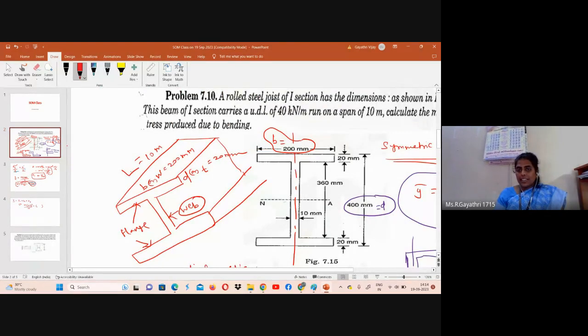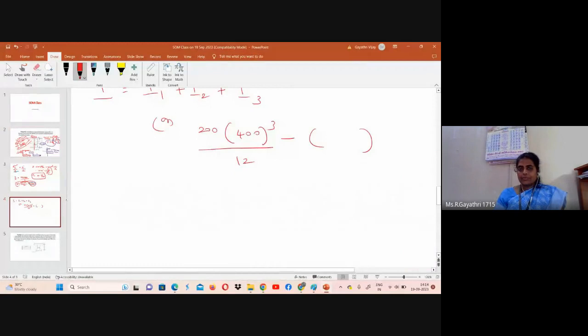you need to cut this 10 mm from 200. So 190 is the width. You can subtract only this portion. And the height 400, we can cut 20, 20. So 2 into 20, 40. 190 into 360, the whole cube by 12.